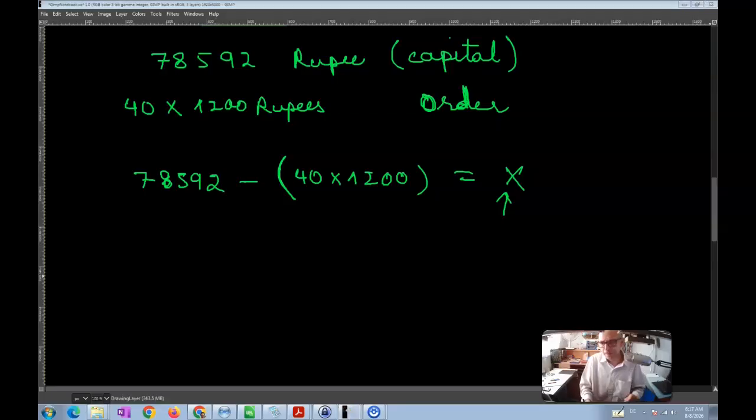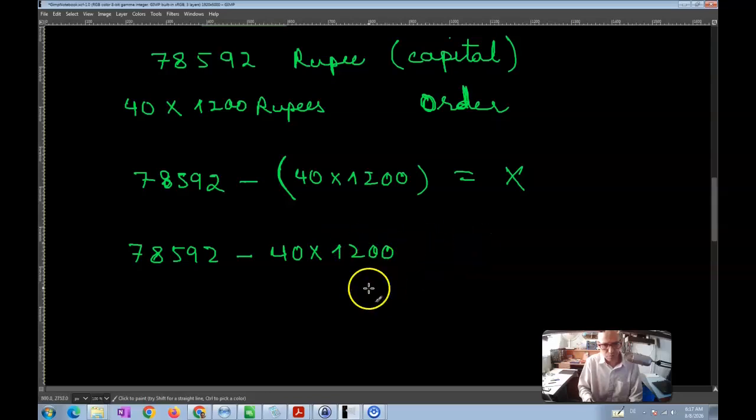Okay, now this part you can of course do yourself on a piece of paper, then check your answer. That's not a problem. But what I want to point out is that this operation over here, I can write it as 78,592 minus 40 times 1,200 without the parentheses, and it would have the exact same meaning.